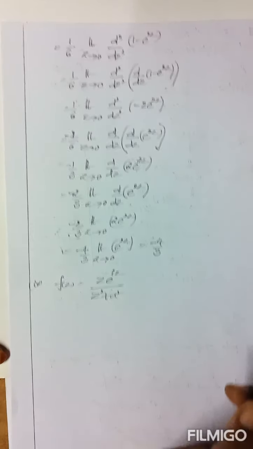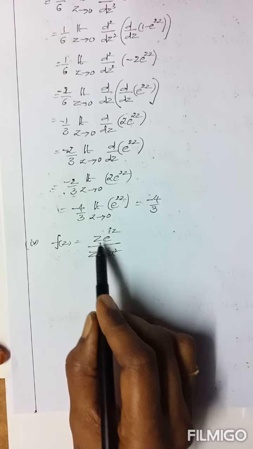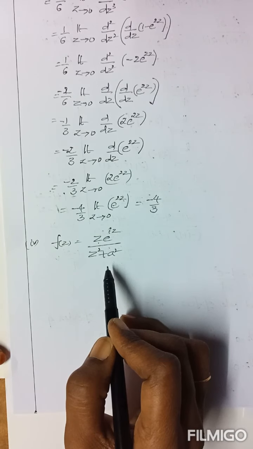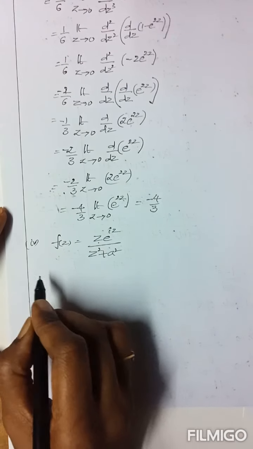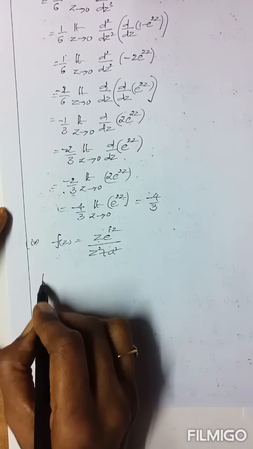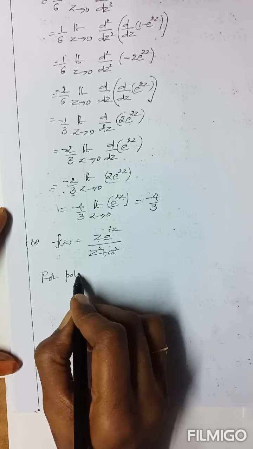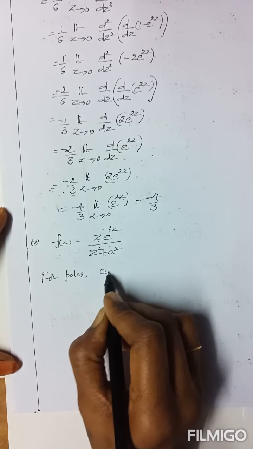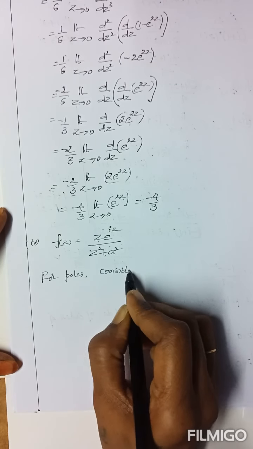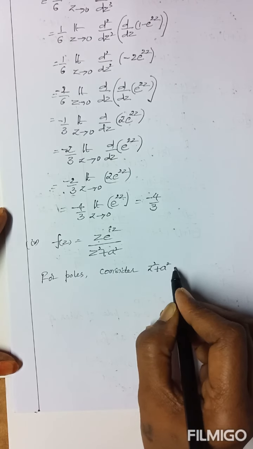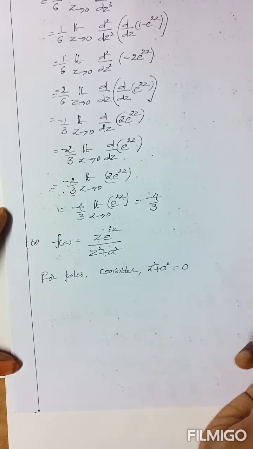Now the next given question is z e power iz by z square plus a square. For this also we have to find the poles and residue. So for poles, consider the denominator z square plus a square equated to 0.